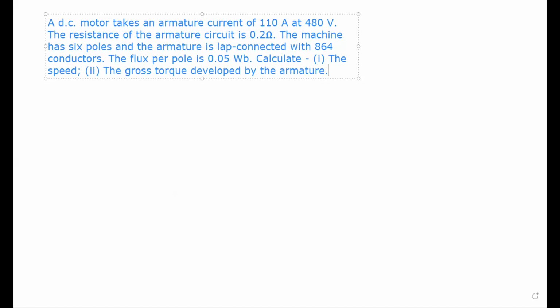E equals V minus Ia Ra. So what all things do you have here? You have V, you have I, and you have Ra also. So can you calculate back EMF using this formula?